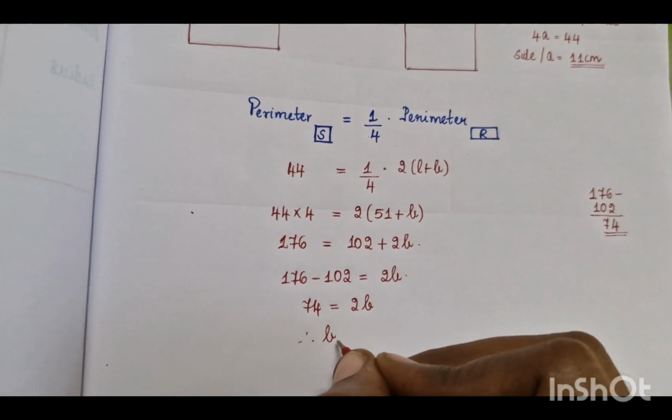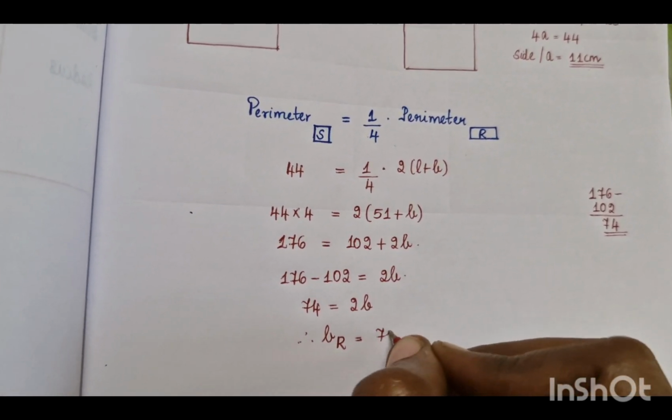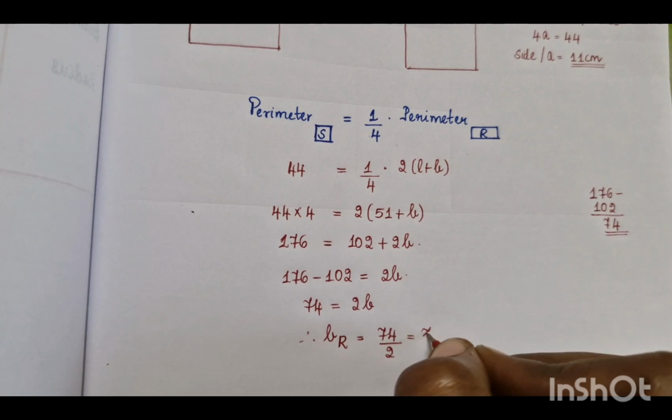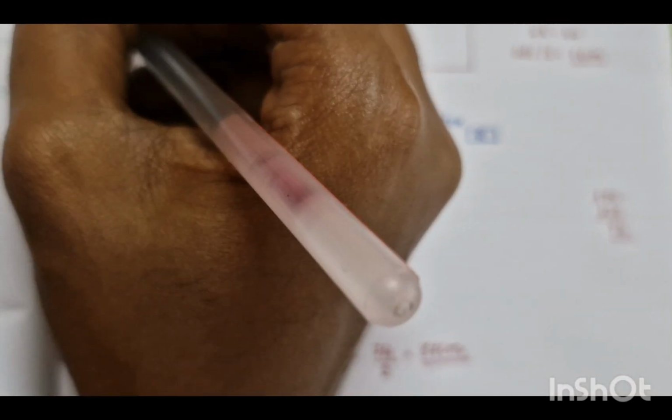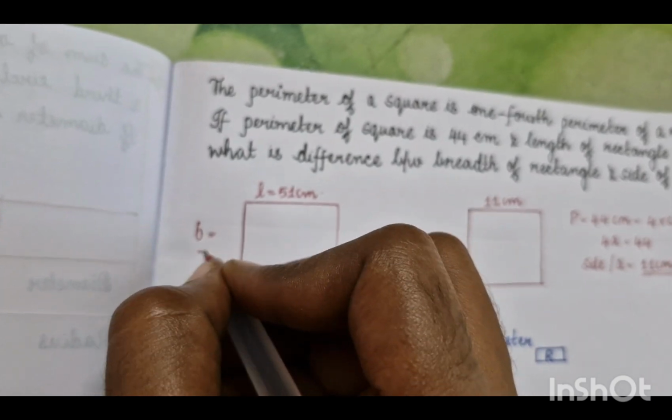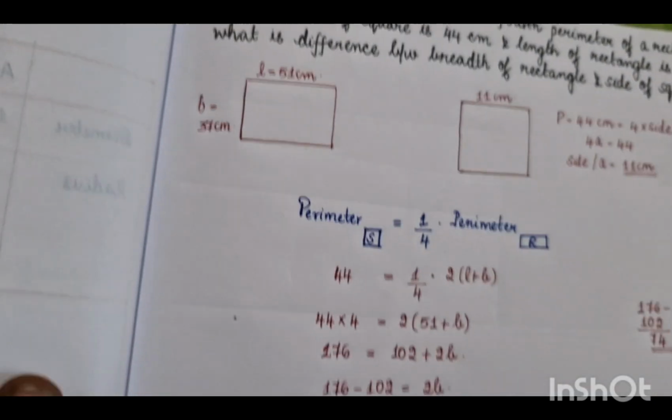Therefore, breadth of rectangle is equal to 74 divided by 2, 37 centimeter. So, breadth is 37 centimeter.